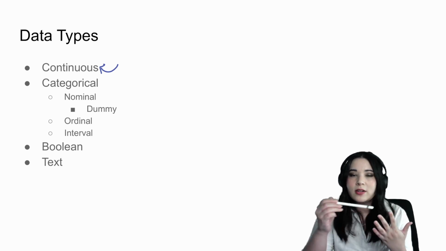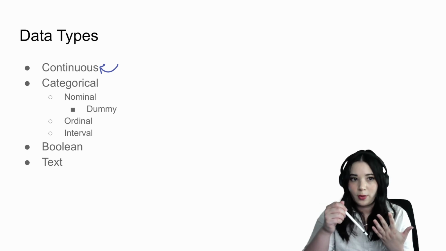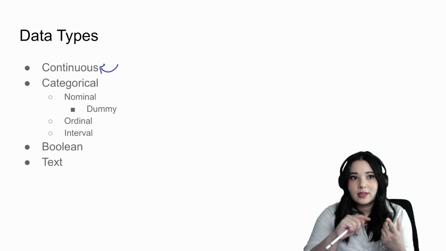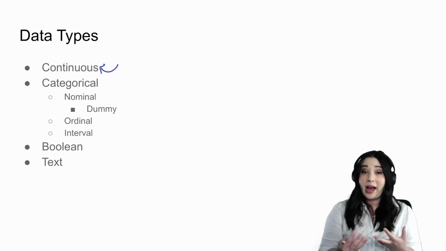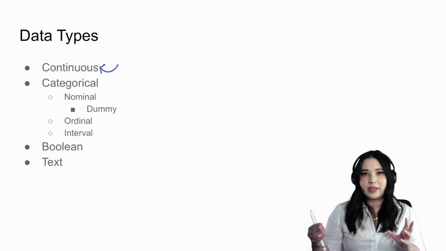So because there is an order, it's not nominal anymore. It's an ordinal variable. So again, ordinal means there's an order and it's a categorical variable. However, ordinal variables don't have to have equal spacing between each of the categories.